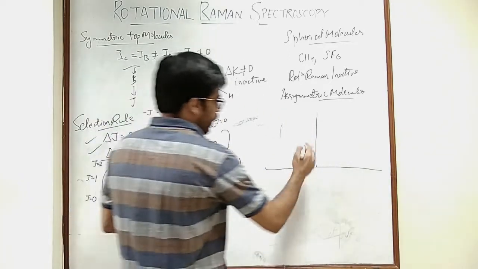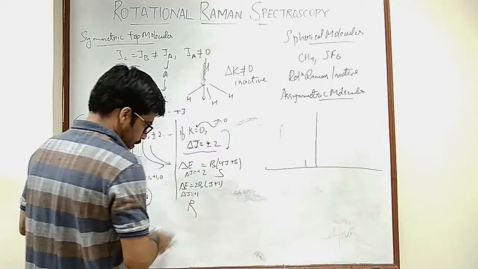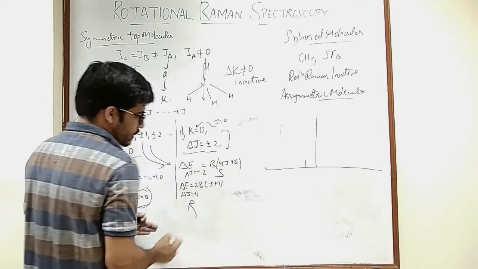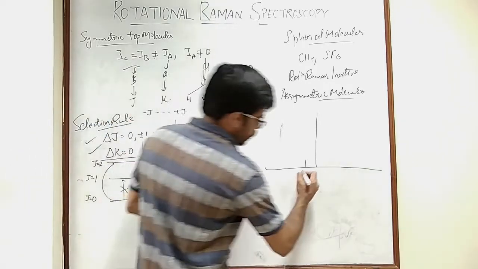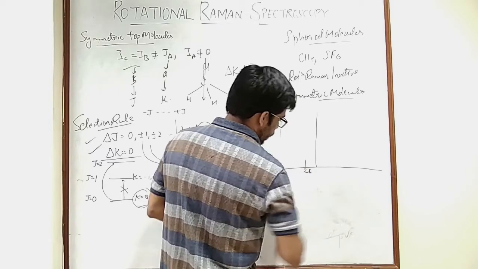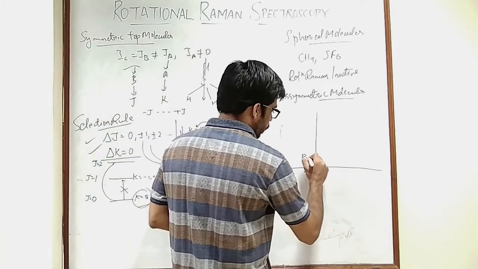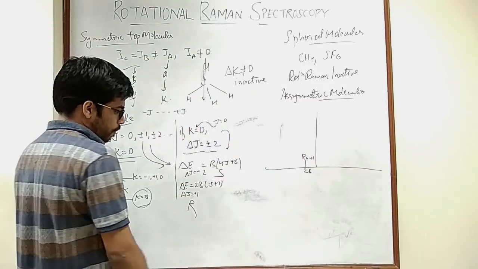Now, first line, which is larger? This is 6B for J equals 0. This is 2B. So this is going to be 2B, and this is going to be R 0 to 1.